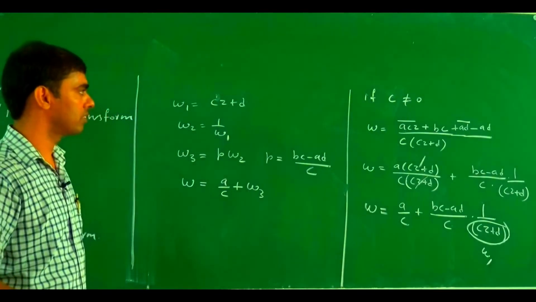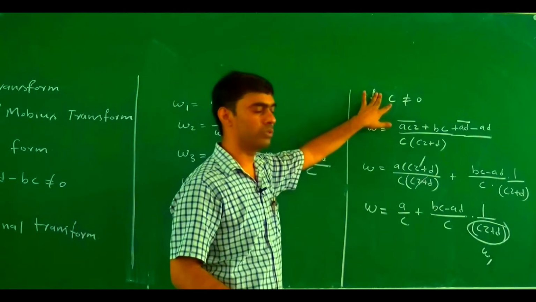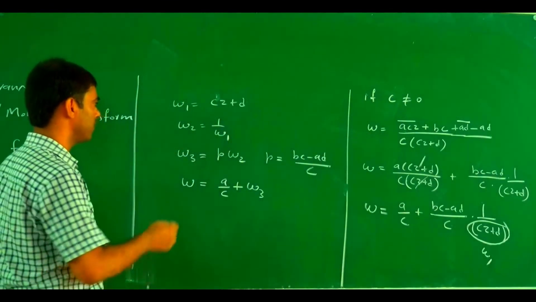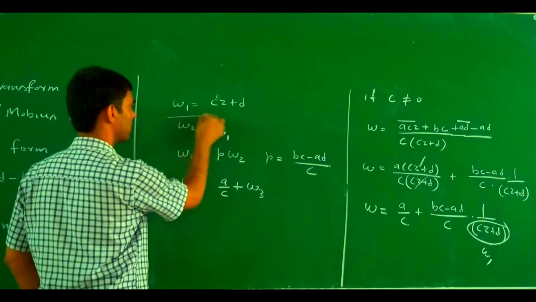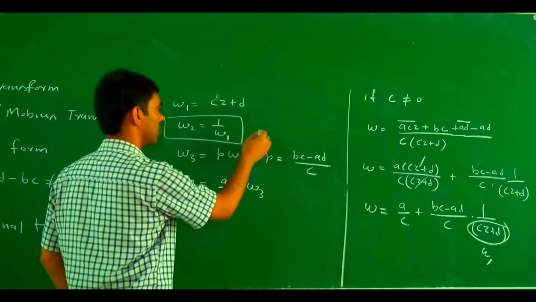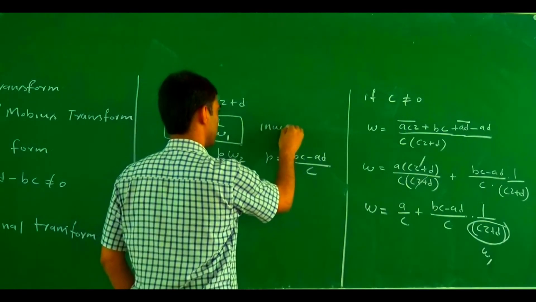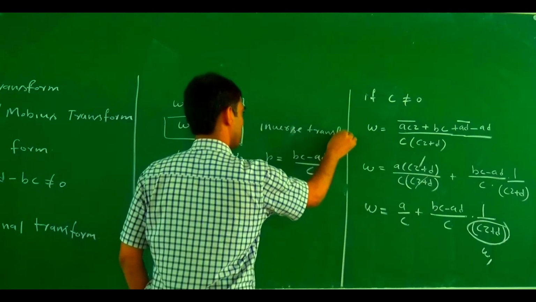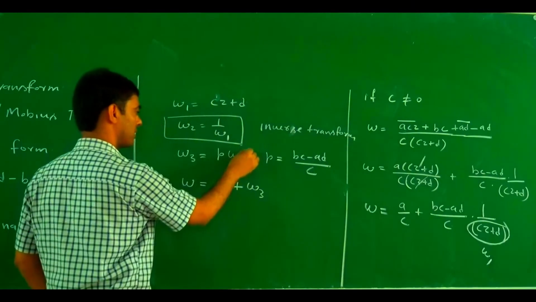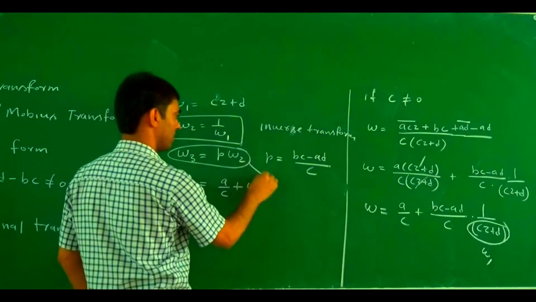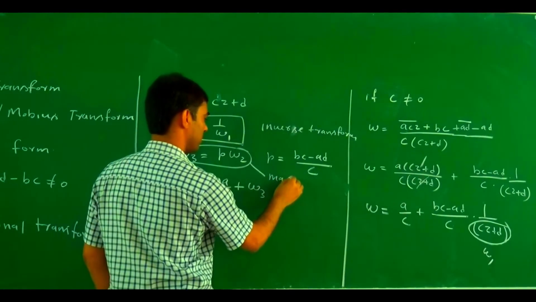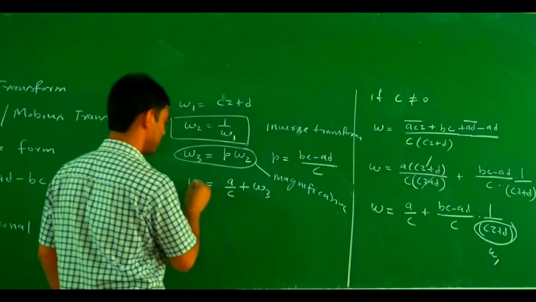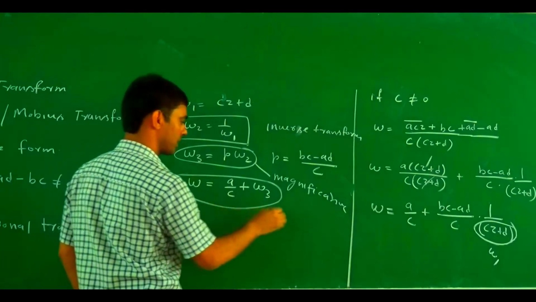So if you closely observe, if C does not equal 0, then the bilinear transform contains the inverse transform, and this one is a magnification, and this one is also a translation.